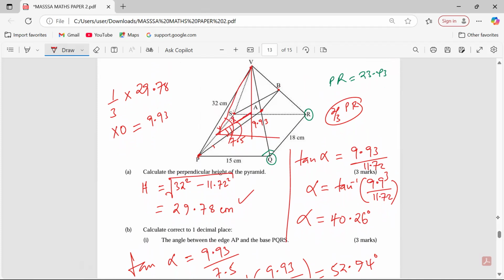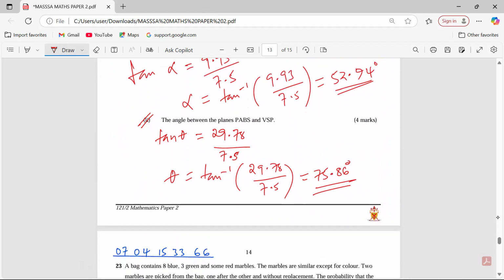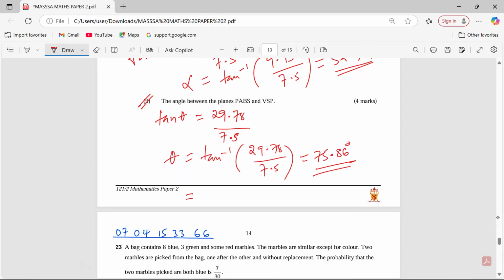So we can get the remaining angle at this point by taking the difference between these two angles: 75.86 minus 52.94, giving us 22.92 degrees.